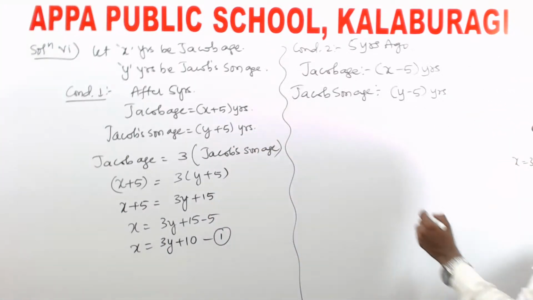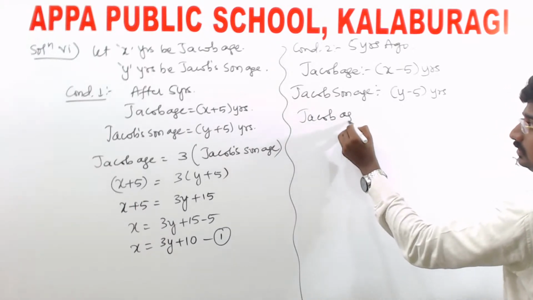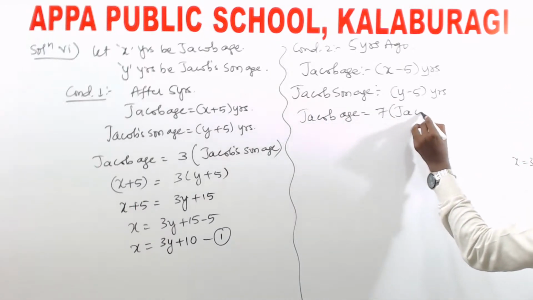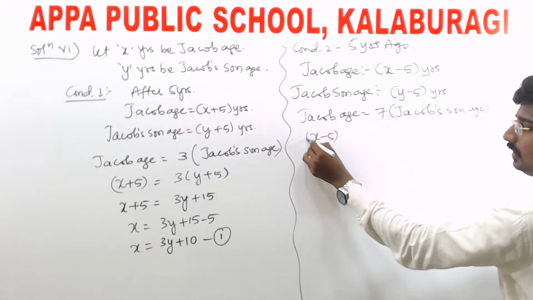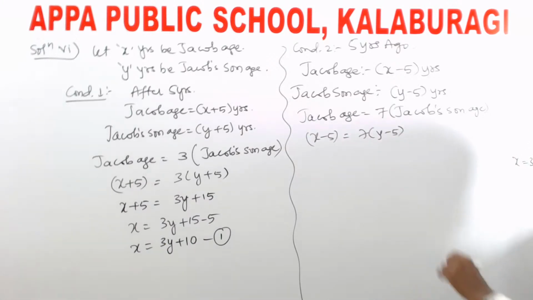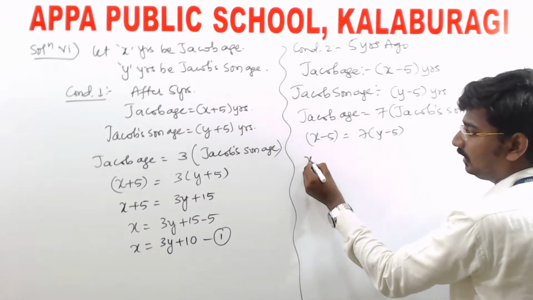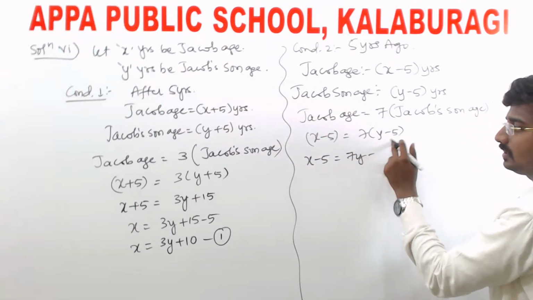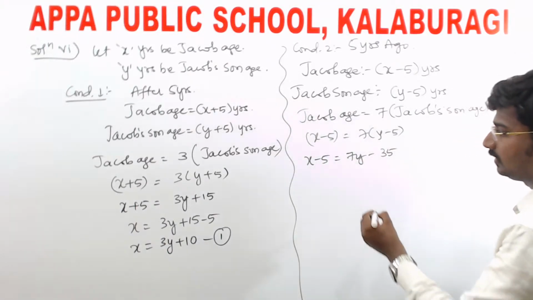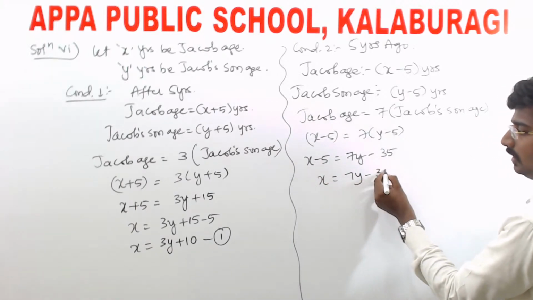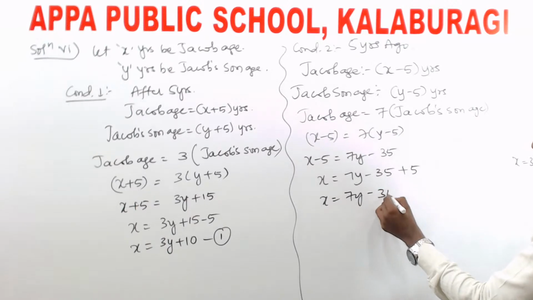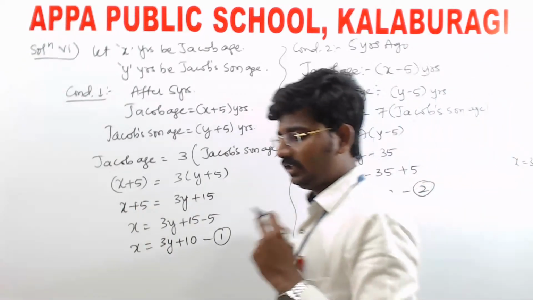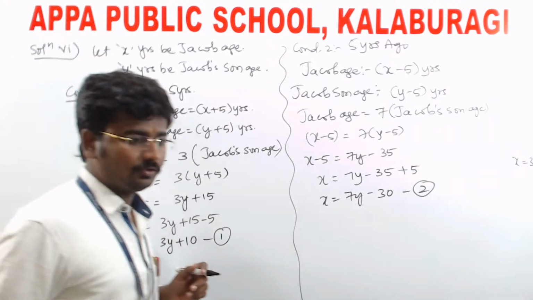So Jacob's age equal to 7 into Jacob's son's age. x minus 5 equal to 7 into y minus 5. Now the equation would be x minus 5 equal to 7y minus 7 fives are 35. x equal to 7y minus 35 plus 5. So x is equal to 7y minus 30, equation 2. Am I right or wrong? Please check. x equal to 7y minus 30.